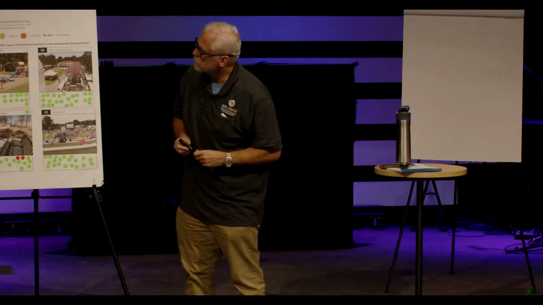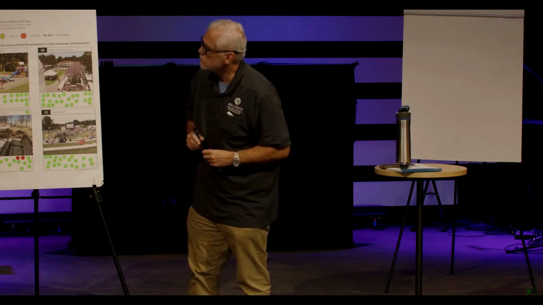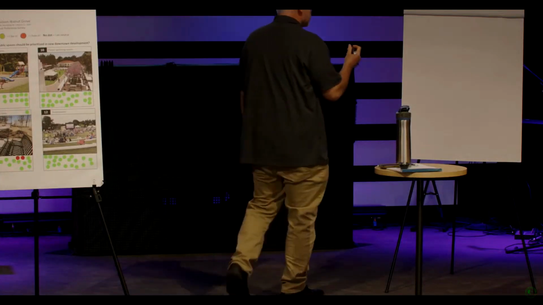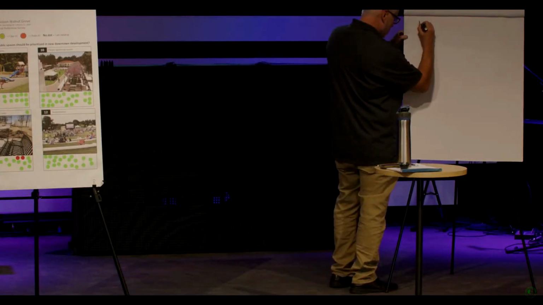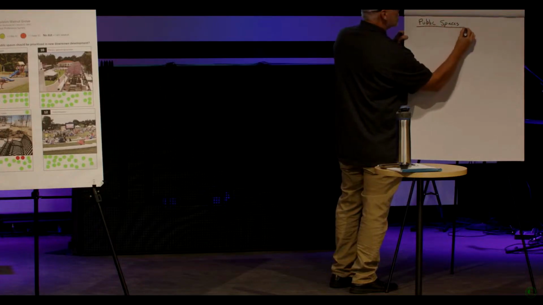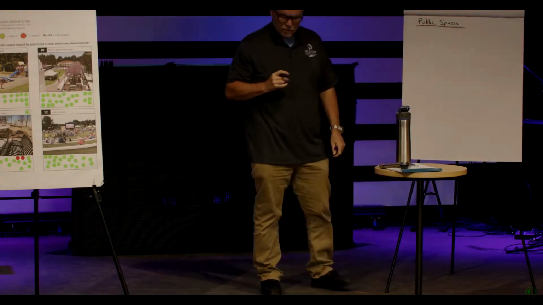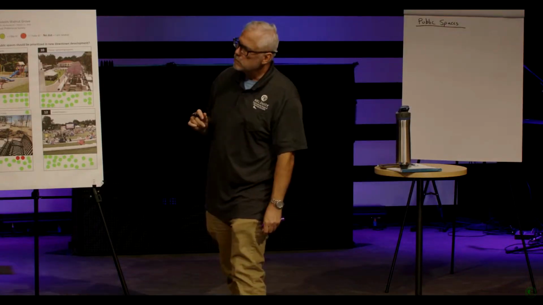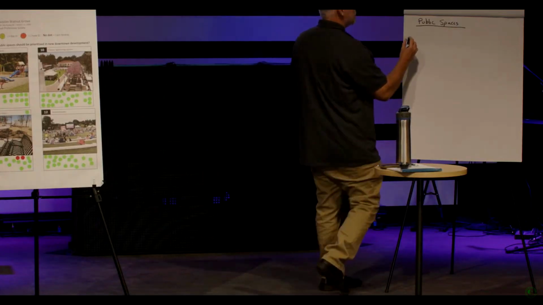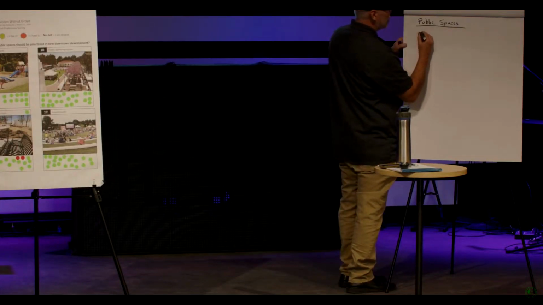Okay. Ma'am. Okay. Can you write that down, Bobby? So when the trees get big, it should not look like a 10-year-old development. It should look like an older one. Okay.